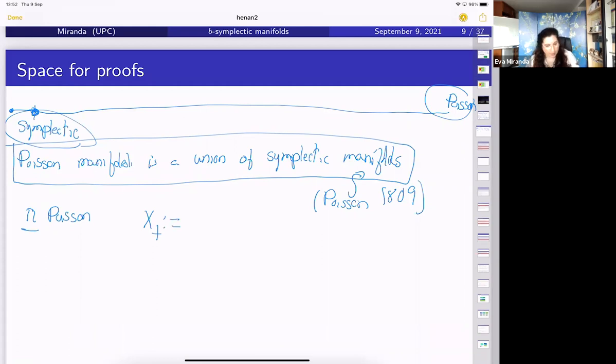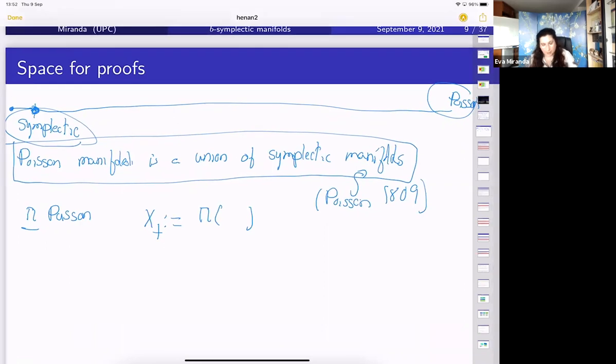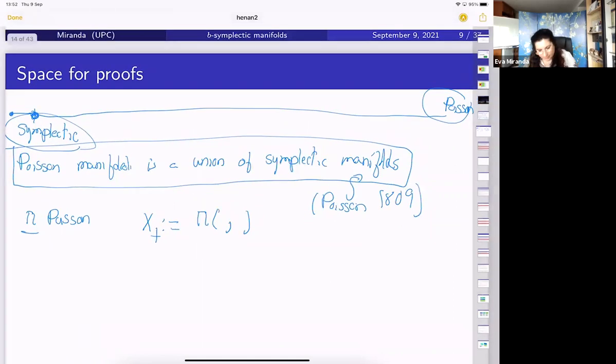Why? Because a Poisson structure is a bivector field. So in the same way a form can eat vector fields, this bivector field can eat 2 differential forms. Now instead of feeding this bivector field with 2 differential forms, I give it 1 differential form, the differential of f.